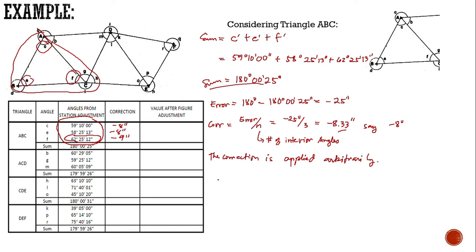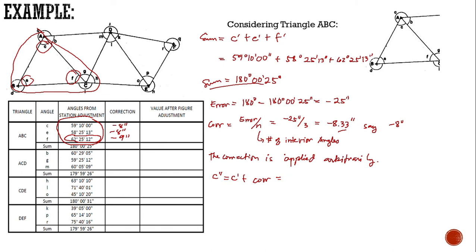So the correction for C double prime. Since we've already used C prime in our previous adjustment, we're going to name it double prime. C double prime is equal to C prime plus our correction of negative 8 seconds.